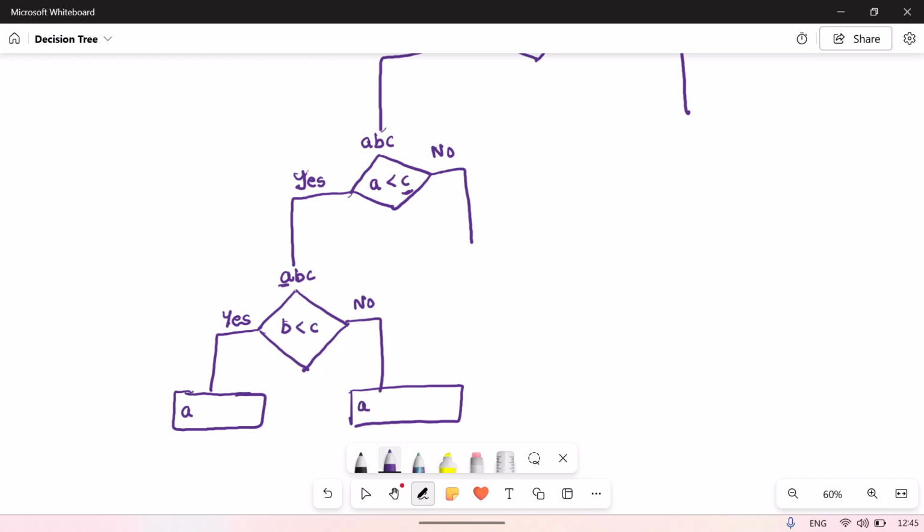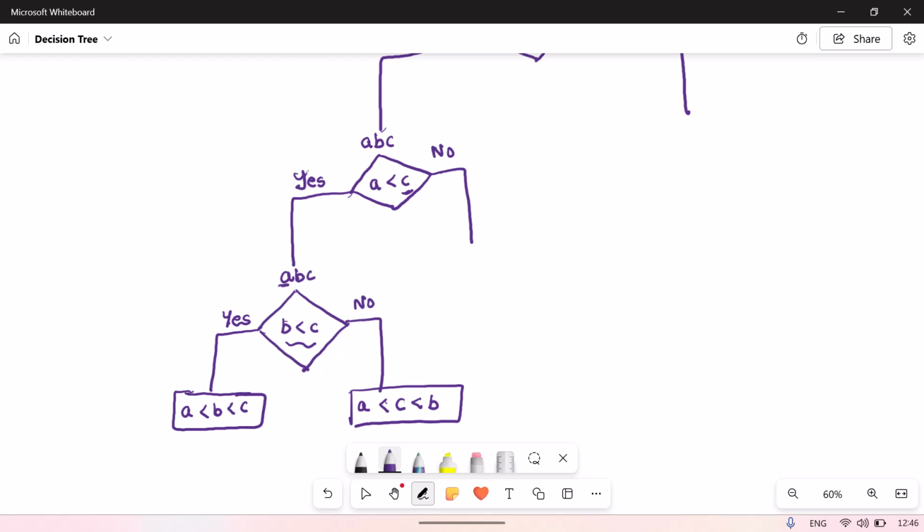Now, if B is less than C, that means the order is the same: A, then B, then C. But if B is not less than C, that means C is the smallest. Correct? That means after A, there will be C followed by B. This will be the order.